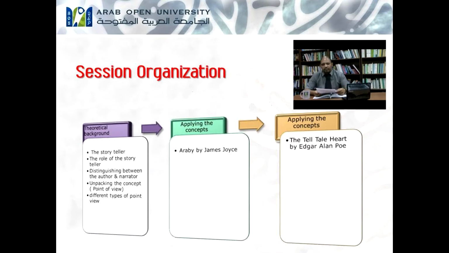We'll have a short story in the second part, which is Araby by James Joyce. We're going to try to apply the point of view concepts to it.